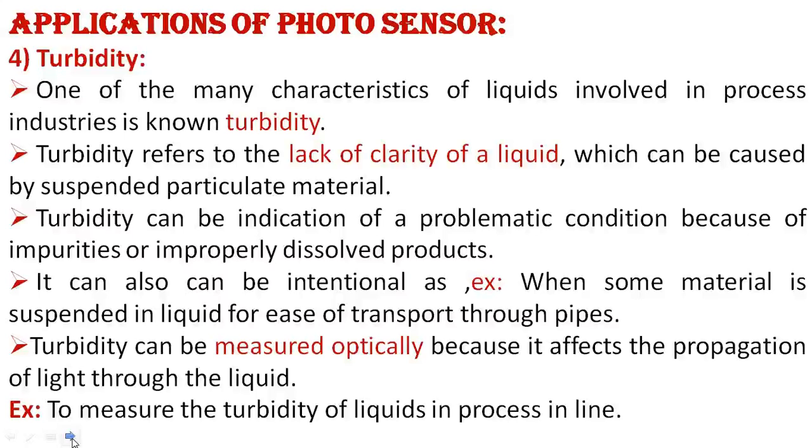It can also be intentional, for example when some material is suspended in liquid for ease of transport through pipes. Turbidity can be measured optically because it affects the propagation of light through the liquid, for example to measure the turbidity of liquids in process.